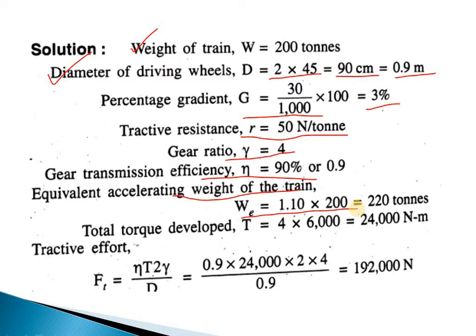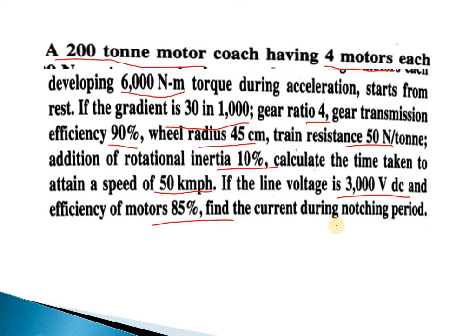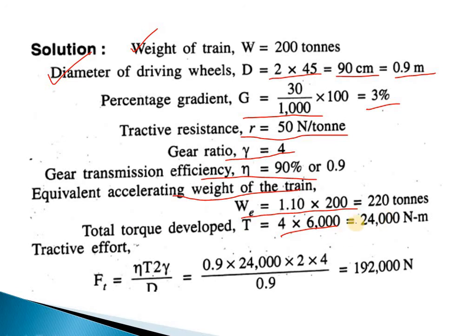The total torque developed is 4 into 6000. It is given that it has 4 motors, each developing 6000 Newton meter torque, so the total torque becomes 24,000 Newton meter.